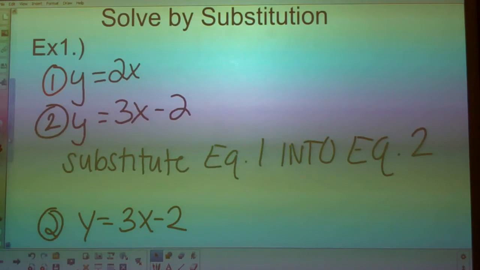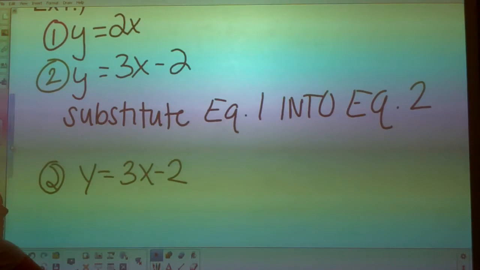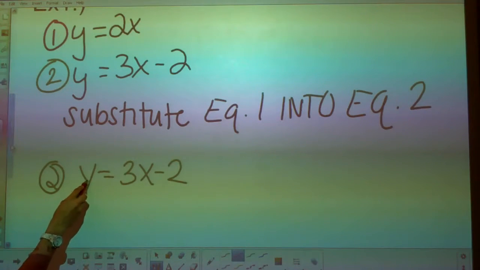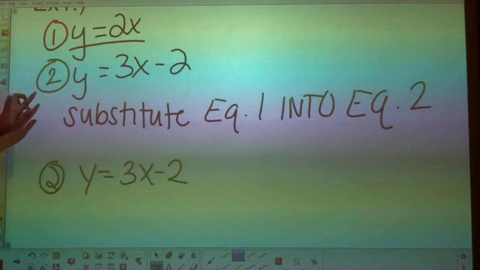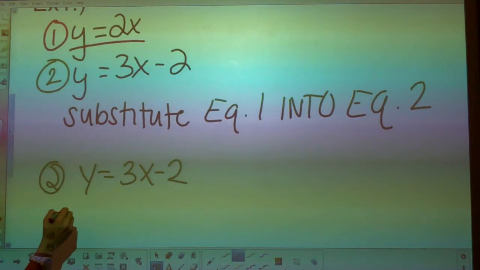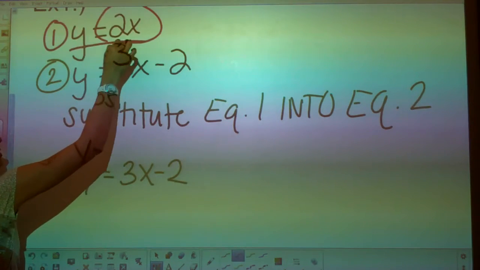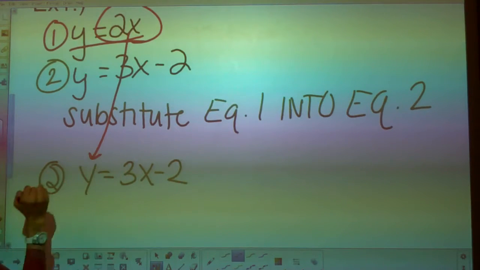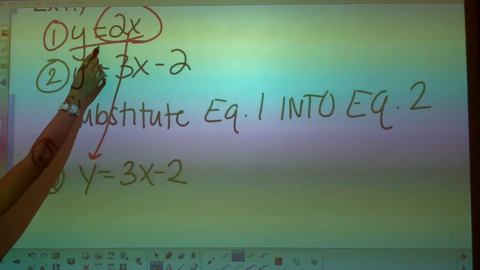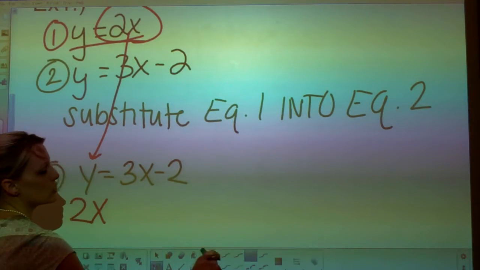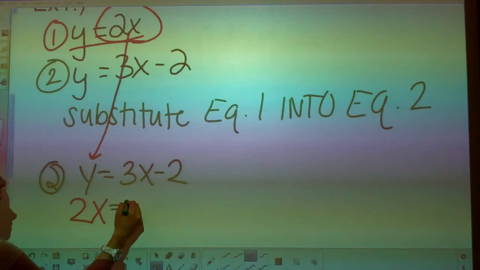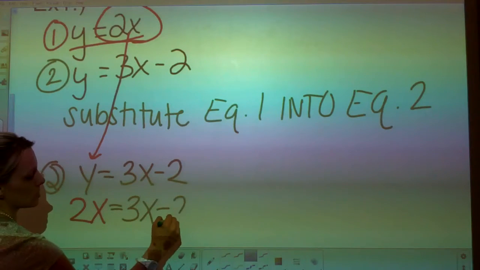And using substitution, we know that y is also equal to 2x. So instead of writing y, we are going to substitute 2x in for y, because y equals 2x. So instead of writing y, you will write 2x, and that's still equal to 3x minus 2.